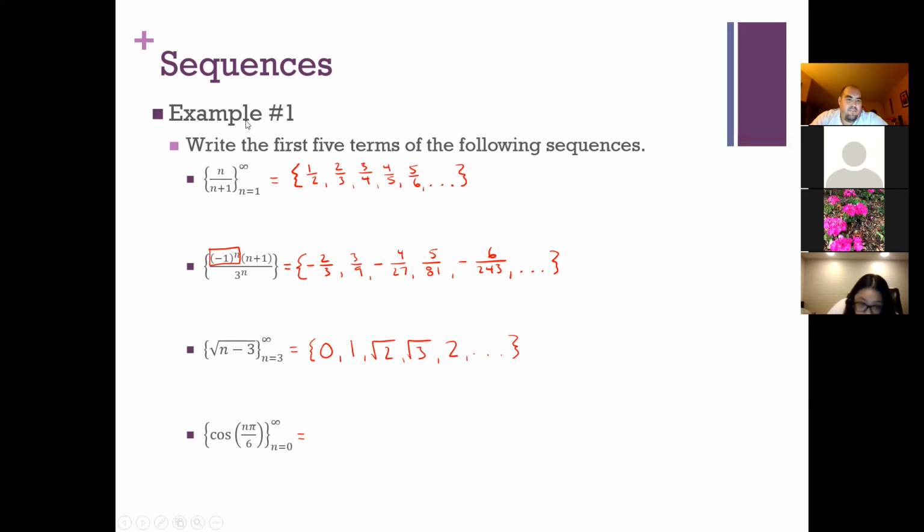So all these sequences here, basically this is a formula for the nth term. Basically I can use this formula to generate any term I want.